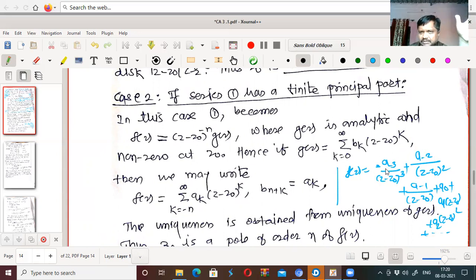So if your principal part contains a finite number of terms, what will happen? In this case, your f of z becomes z minus z0 to the power minus n times g of z. Why can we write this?